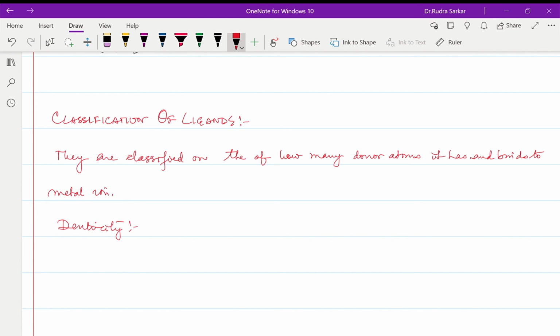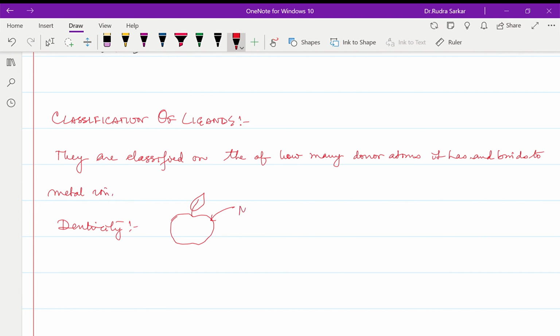What is denticity? Suppose you have an apple, and somebody bites this apple using only one tooth, or he is holding this apple with only one finger.